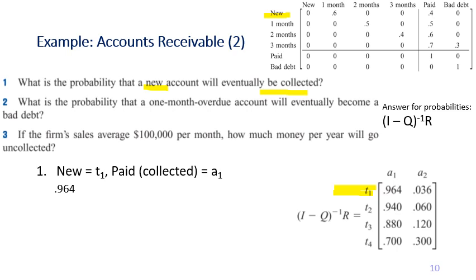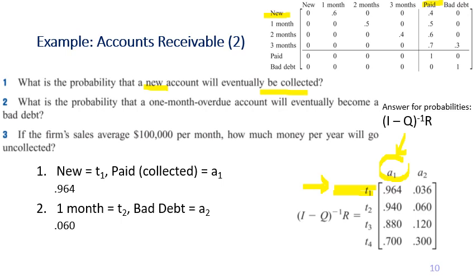Paid or collected is the first absorbing state, which is why it is denoted as A1. Then you just look at the number at the intersection of new and paid. So the intersection is 0.964. That is the probability that a new account will eventually be paid or collected.